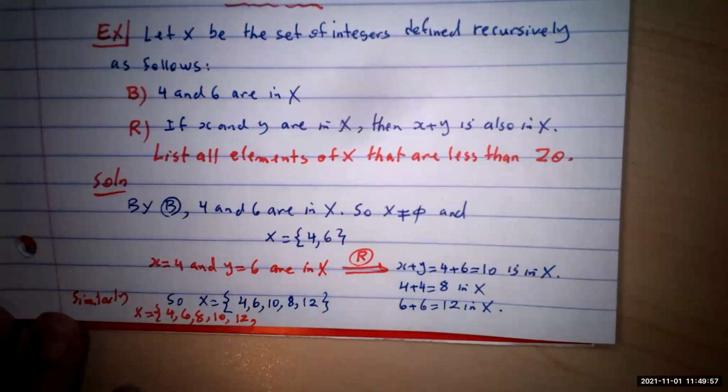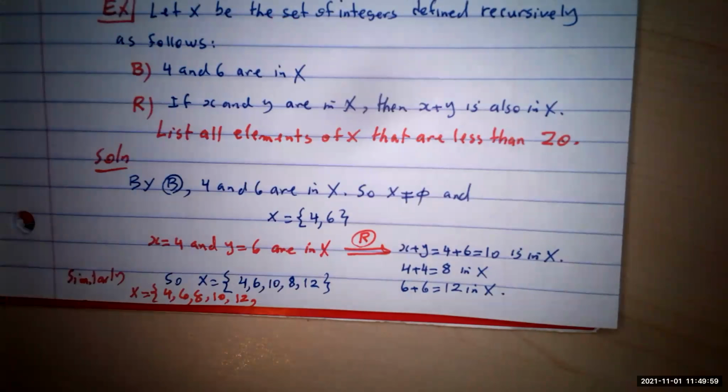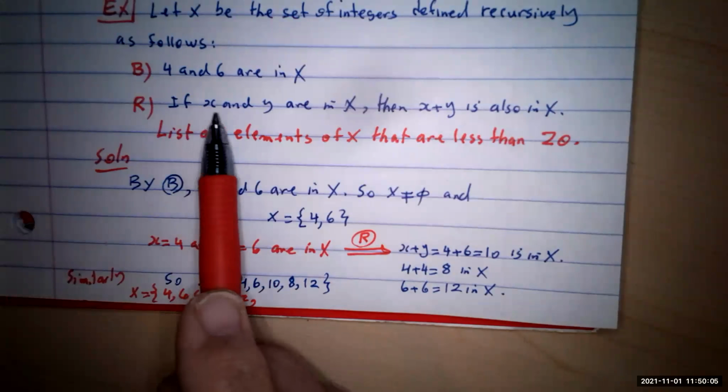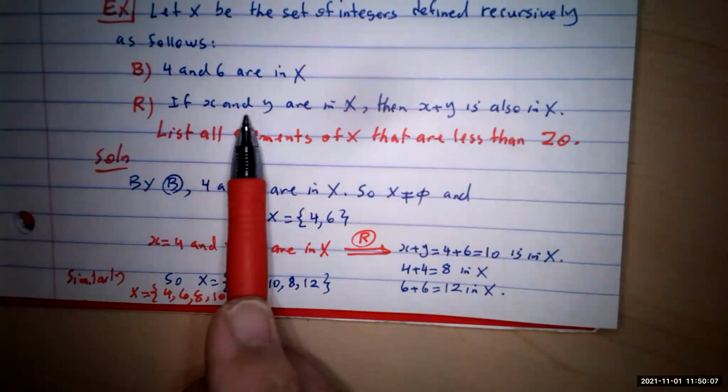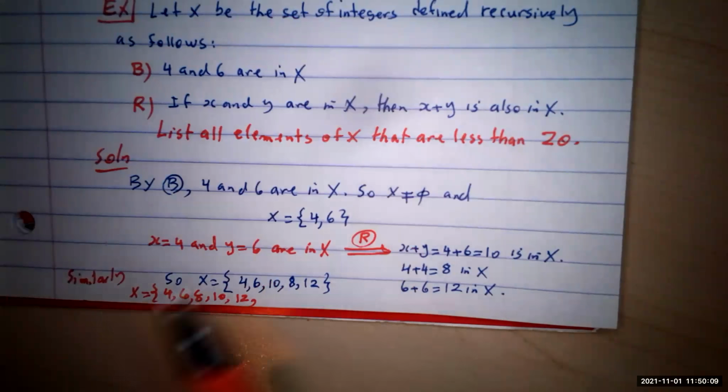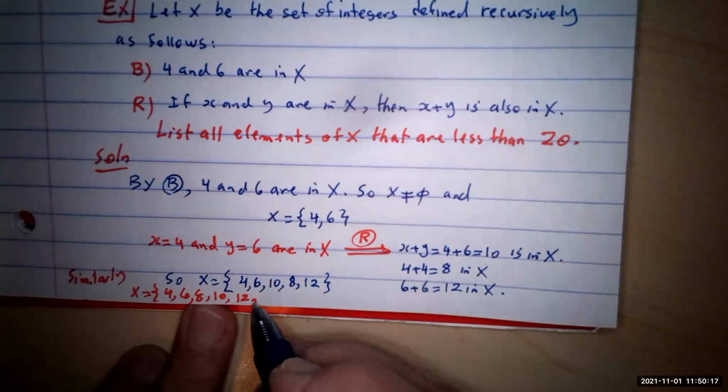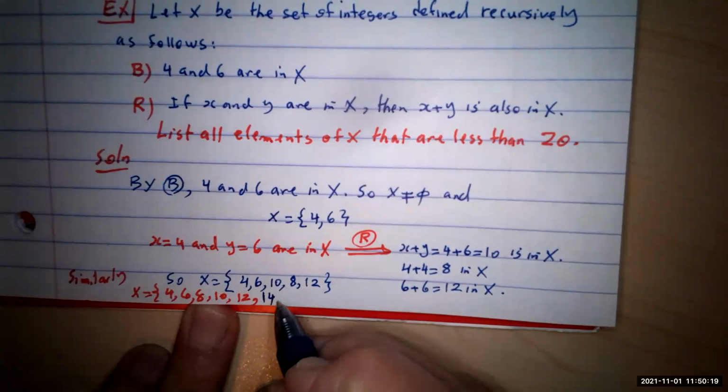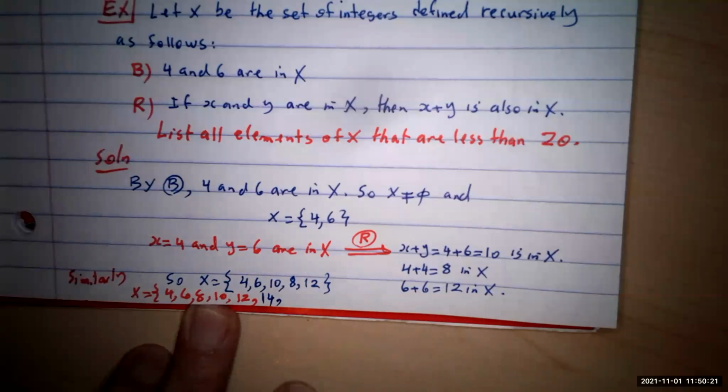Any suggestion? More elements. Remember your instruction: if X and Y are in X, then X plus Y is going to be in X. 6 plus 8 is equal to 14. So we can have the 14. Yes, you are right. Remember, you must be less than 20. Okay, anything else?